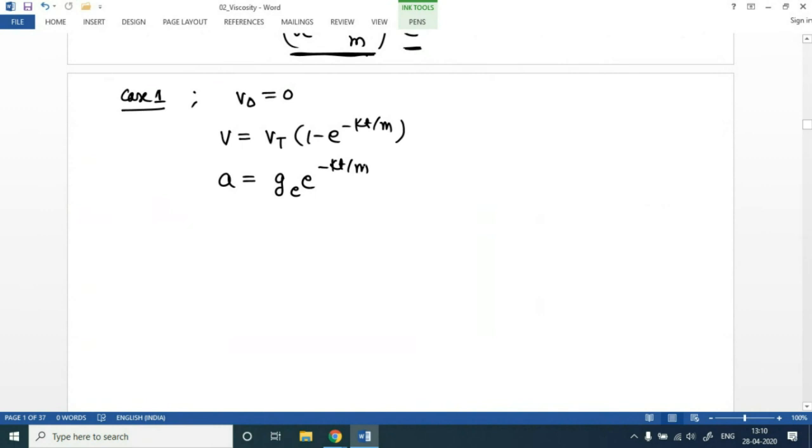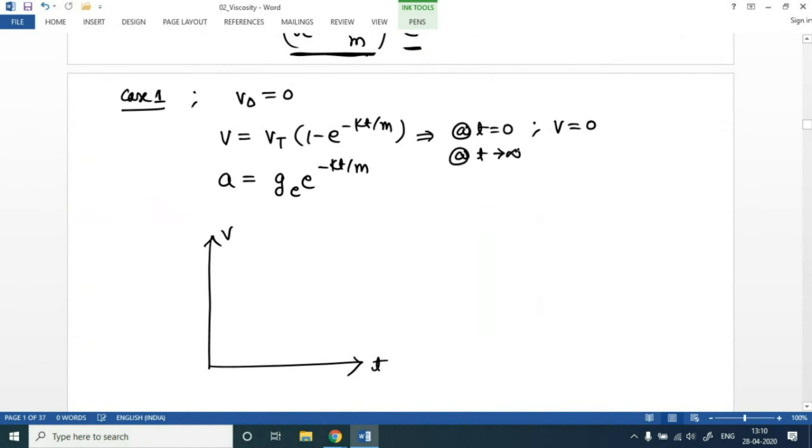When you draw the graph of v versus t, you can clearly see that at t equal to 0, v is equal to 0, and at t tending to infinity, v is tending to vt. This would be the saturation value, and the graph will look something like this, and this is the terminal velocity.